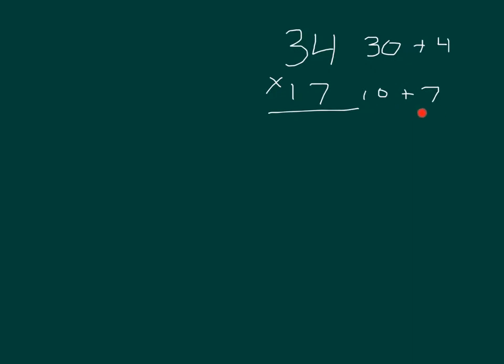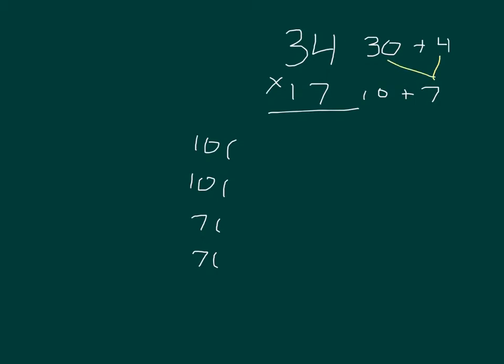My bottom row here are my multipliers. So if I go to set up my problem, I know that I have a multiplier of 10 and a multiplier of 7. When I go to multiply, I'm going to be multiplying 7 times 4 and 7 times 30.